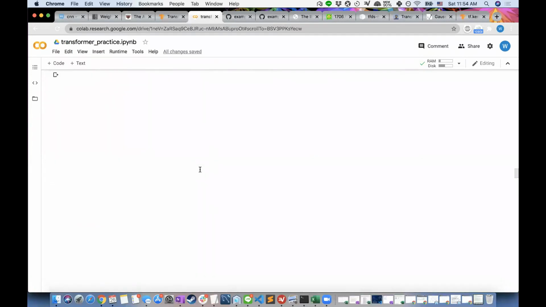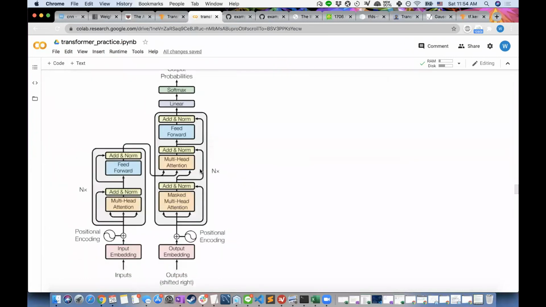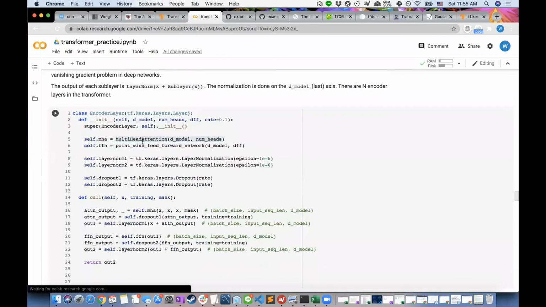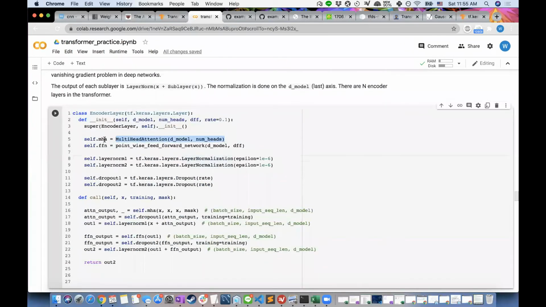We instantiate that class as the encoder layer's instance attribute self.mha, with D model equal to 512 and number of heads 8. And we are also calling the position-wise feed-forward neural network with D model and DFF.